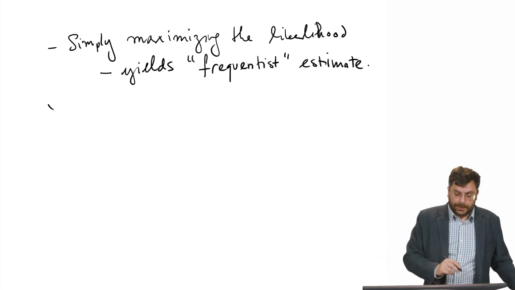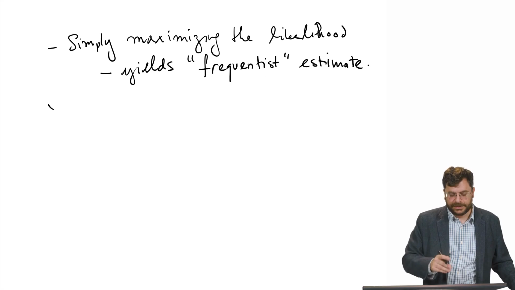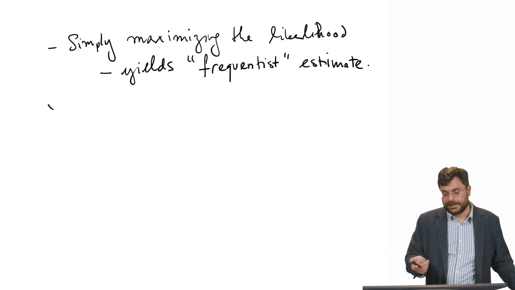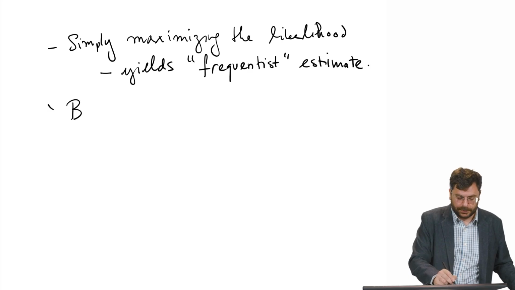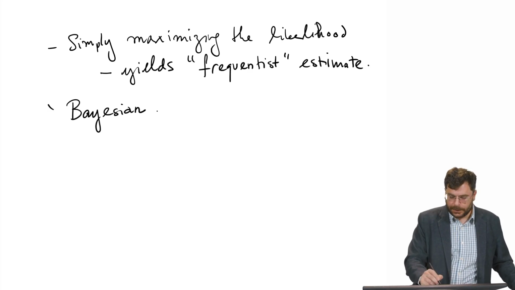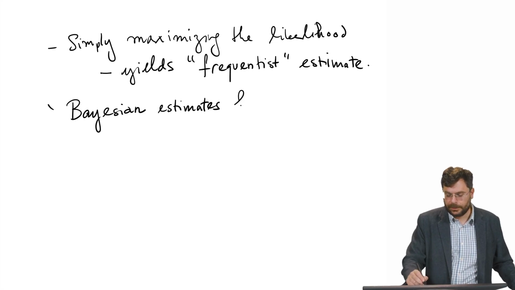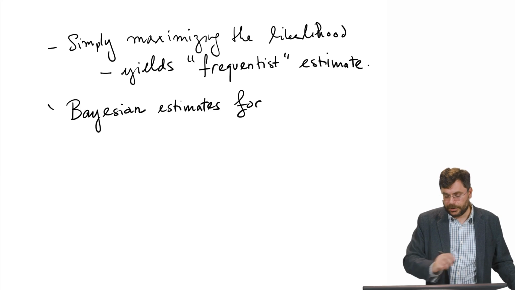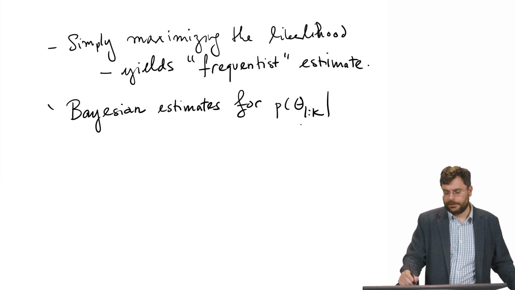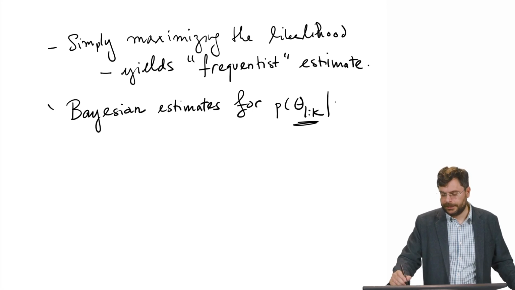By the time we get to chapter 4, we will be discussing maybe a slightly different and more general way of obtaining estimates, and those are Bayesian estimates, and we're going to be focusing on the distribution of our parameters given the W 1 to n.